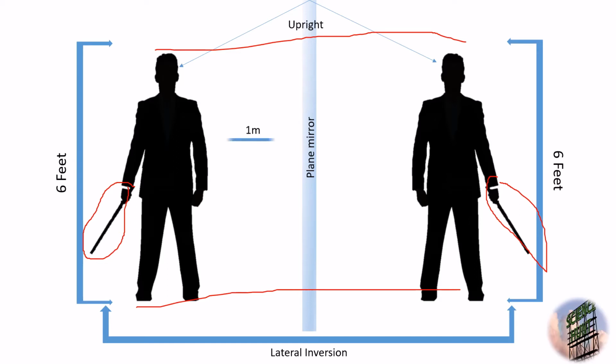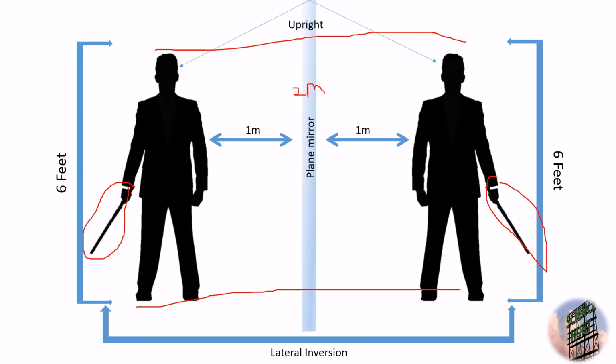Now, the distance between object and image. Here the person is standing 1 meter away from the plane mirror, and the image is formed behind the mirror, also at 1 meter. So the distance between the object and the image formed by a plane mirror is a total of 2 meters.